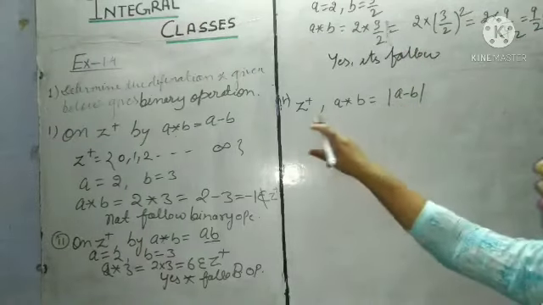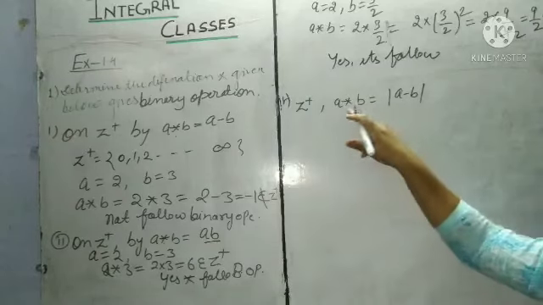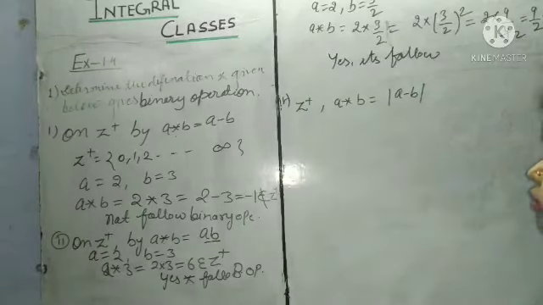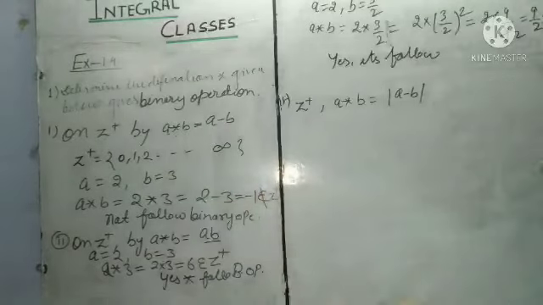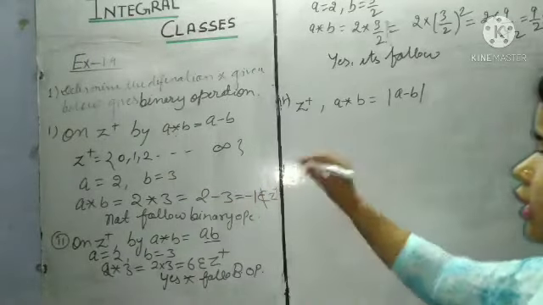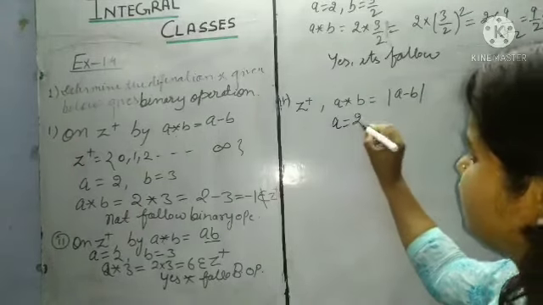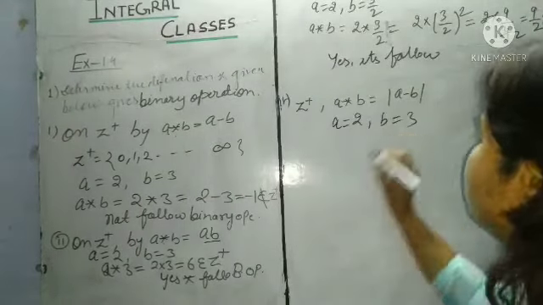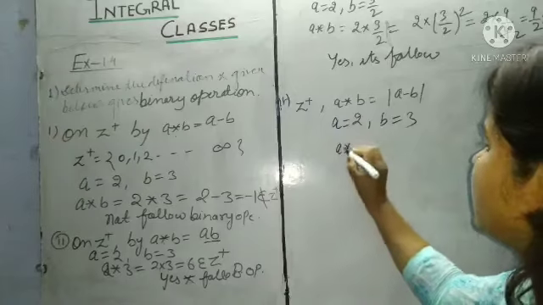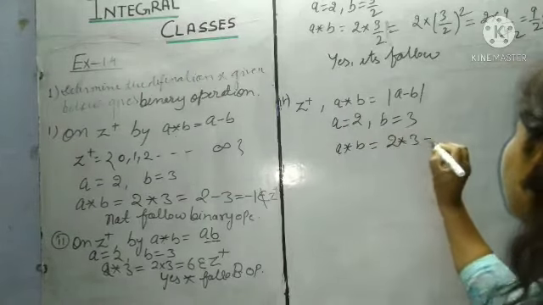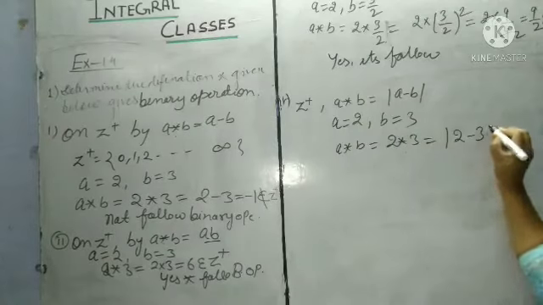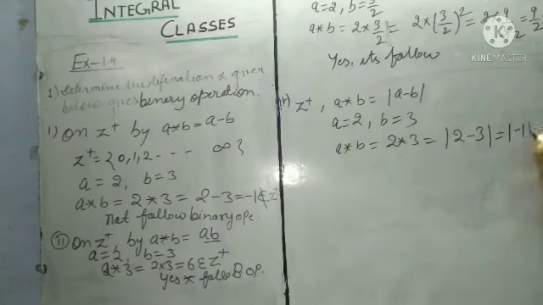Now next is question number 4. On Z plus, the binary operation is given, a star b equals a minus b, with the modulus. We know that Z plus goes from 1 to infinity. Now we take again this example, a equal to 2, b equal to 3. Now a star b equals 2 star 3, which means 2 minus 3, which is minus 1.